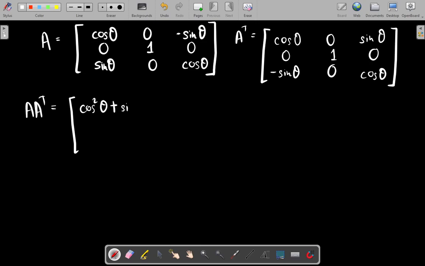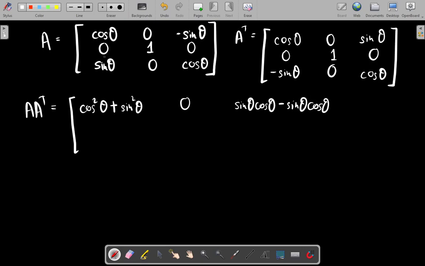Then the second element is cos theta times 0 is 0, 0 times 1 is 0, minus sin theta times 0 is 0. The third element is cos theta sin theta, plus 0 times 0, which is 0, and minus sin theta cos theta, so this will cancel out.